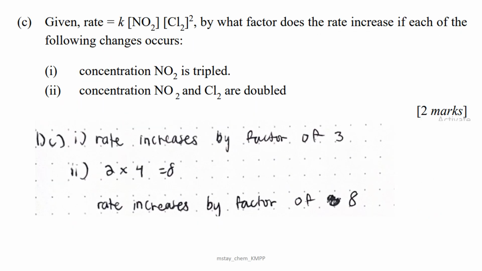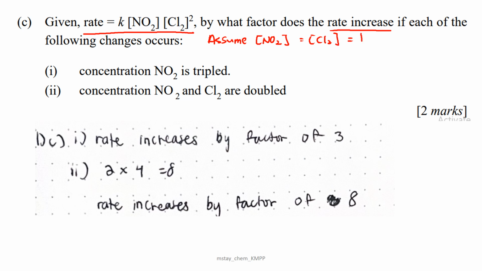Given the rate law, and then you are going to determine how much of the rate of reaction increase. So if you get this question, normally we try to assume initial concentration of NO2 equal to concentration Cl2, which is equal to 1.